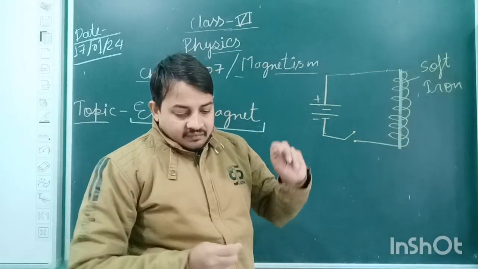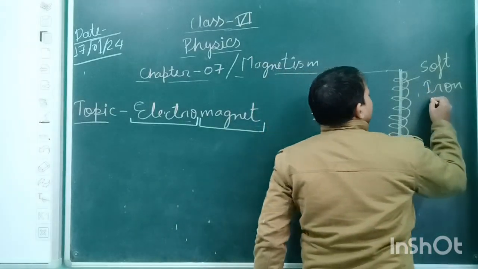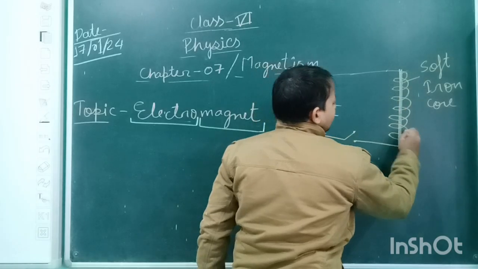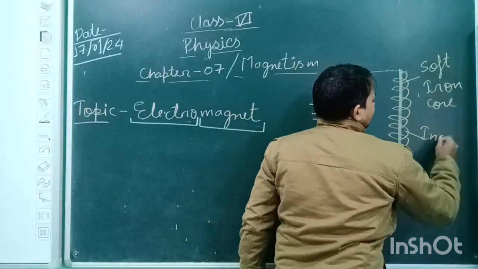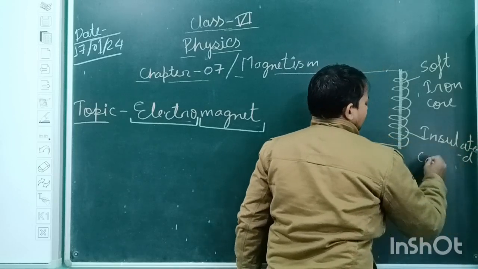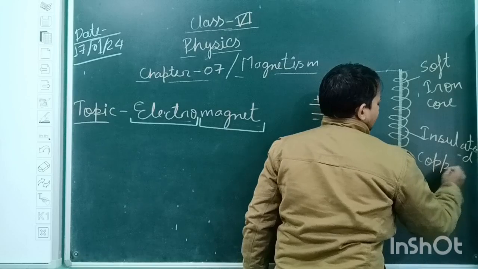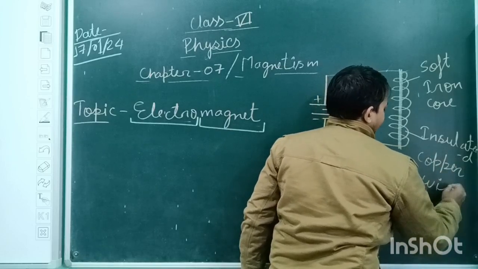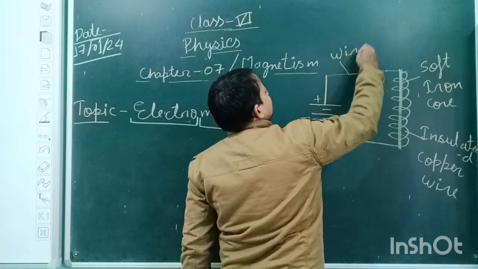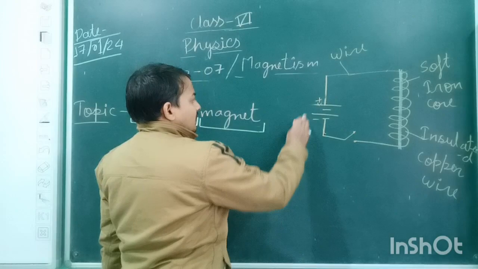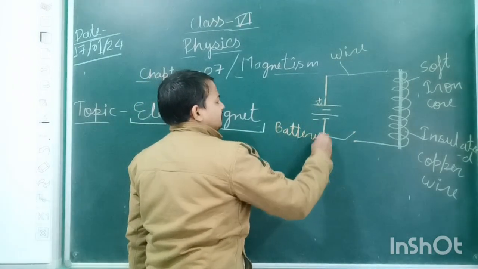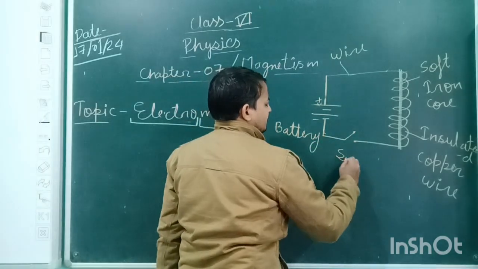Now this is the insulated copper wire. This normal wire is the connecting wire, or I used to write it as wire. This is representing the battery, and this is representing the switch.